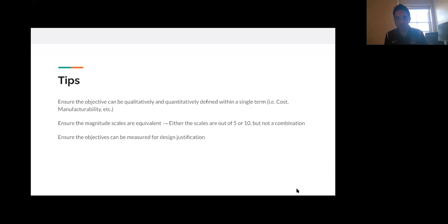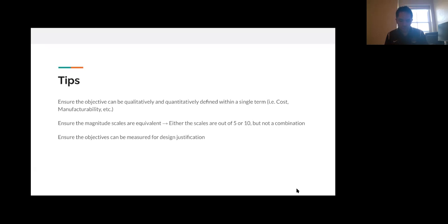A good notion for you to define a quality is usually when you look a word up, say viability, the definition specifically says it is to the degree of this. So for manufacturability, it would be like to the degree of manufacturing X, Y, and Z. When a definition for a word literally has the phrase to the degree, that is a signal for you to choose it as a single term to quantitatively or qualitatively define an objective and its magnitude.